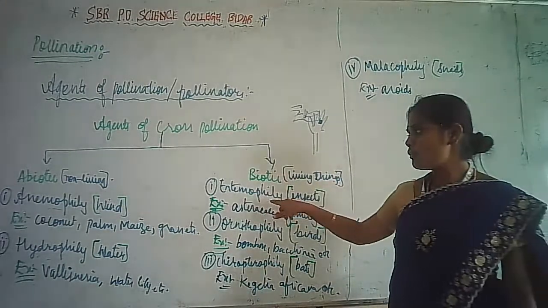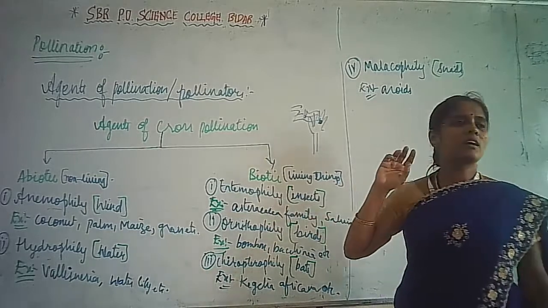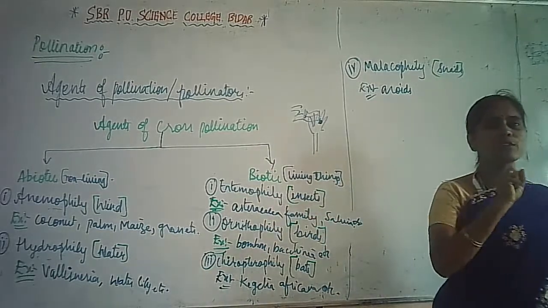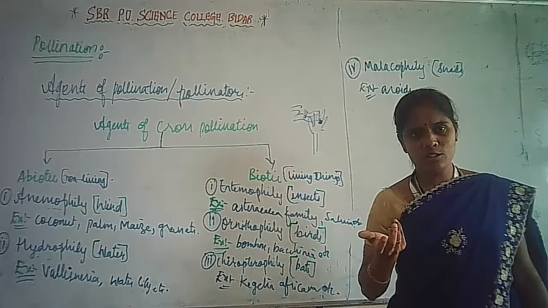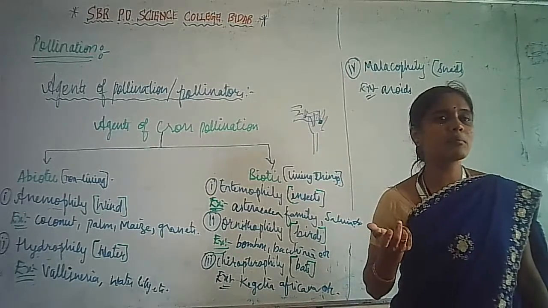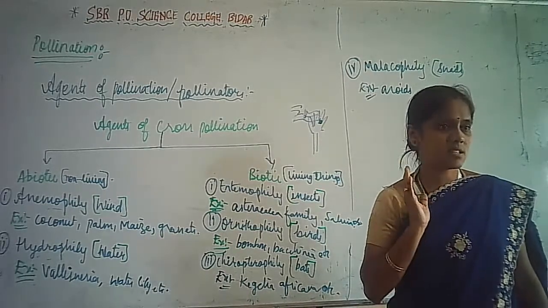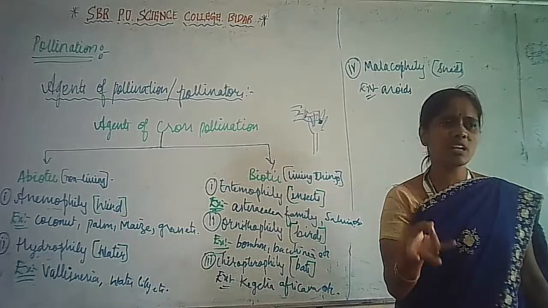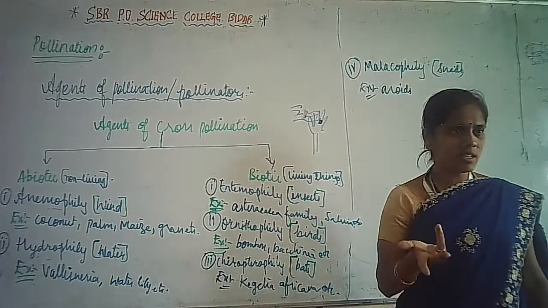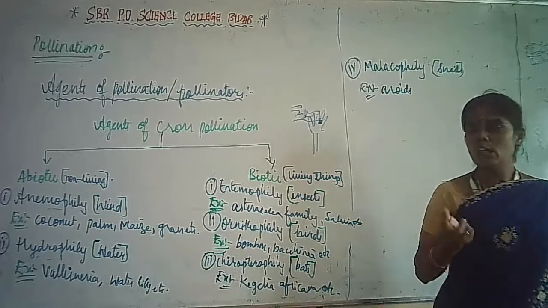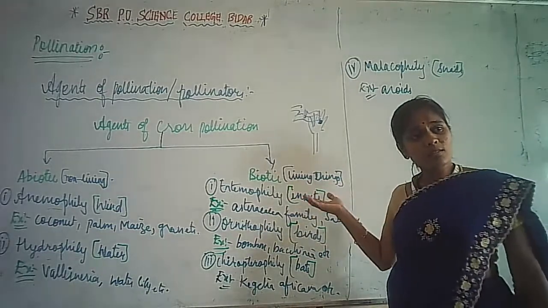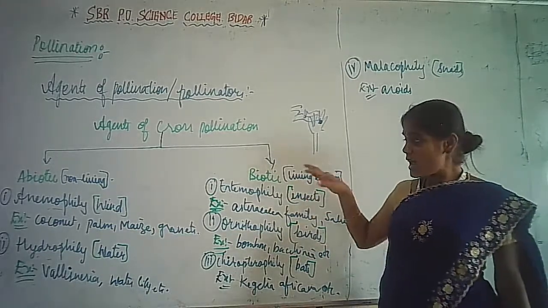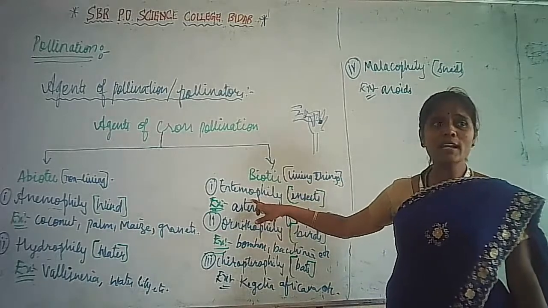That is, entomophily is a process of pollination in which the transfer of pollen grains to the stigma of different flowers is taking place with the help of insects. It may be ants, honeybees, butterflies, insects. Isn't it? So that kind of plants are called entomophilic plants, and the process is said to be entomophilic.